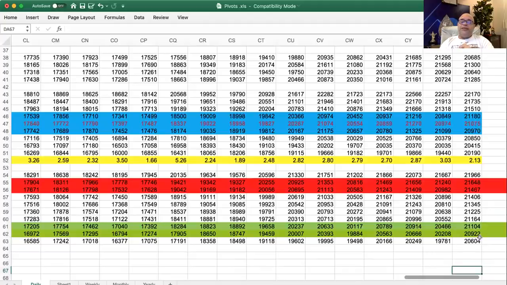Support zone is 20,922 to 21,104. Again, you should expect Bank Nifty to come into this zone if you have to buy, and resistance comes in at 21,467 to about 21,646. So that's how I set up my spreadsheet.